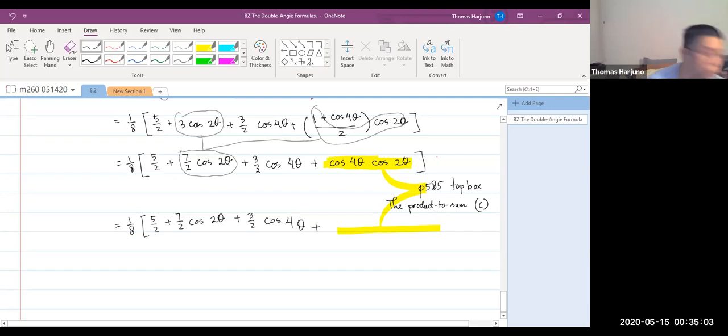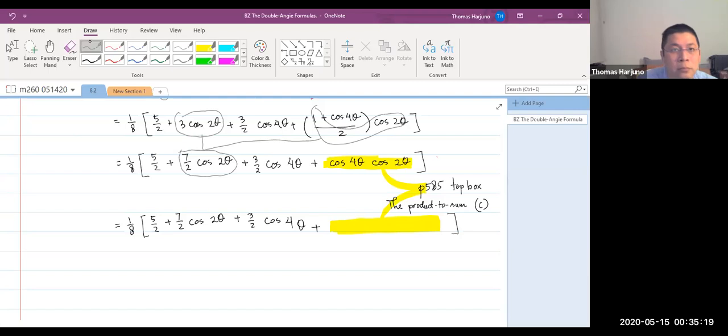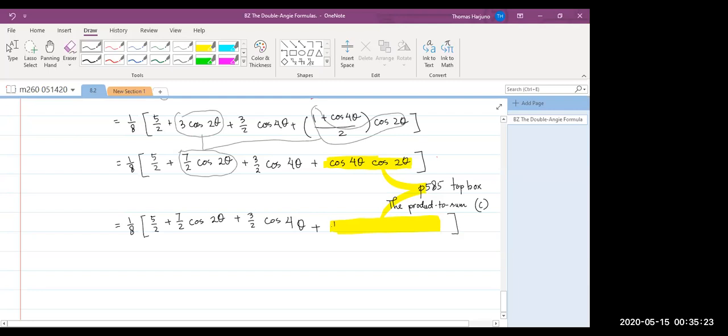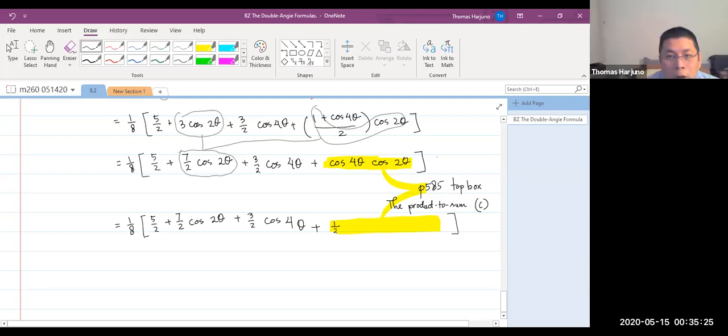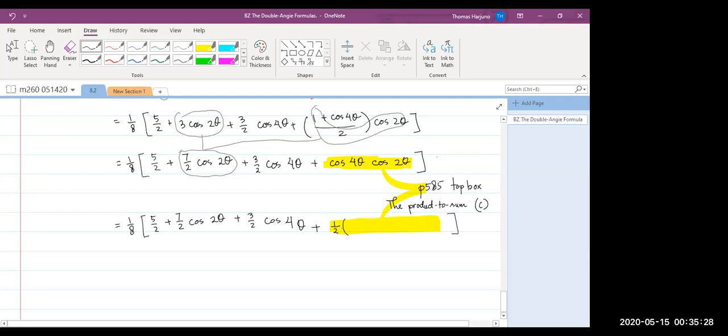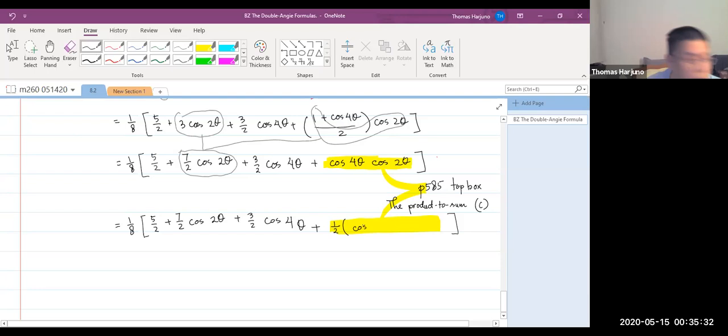Now, if you have your book, please read for me what that yellow part will be if you use that formula. 1/2, and then cosine of 2 theta.